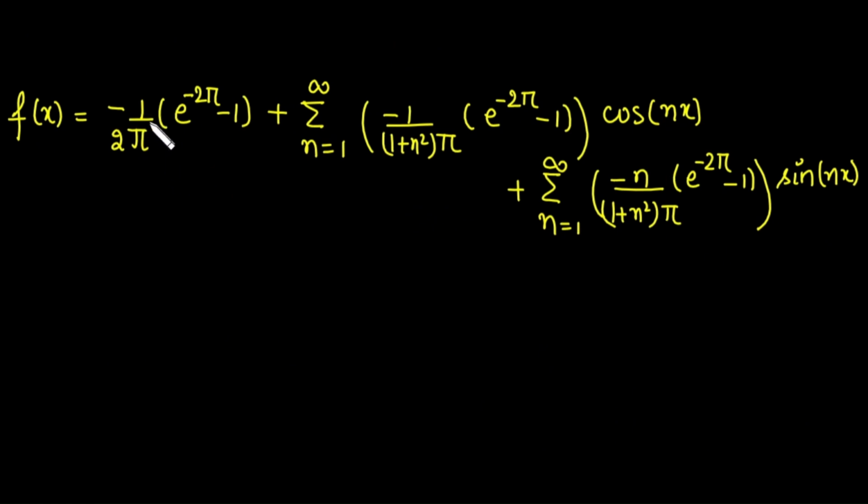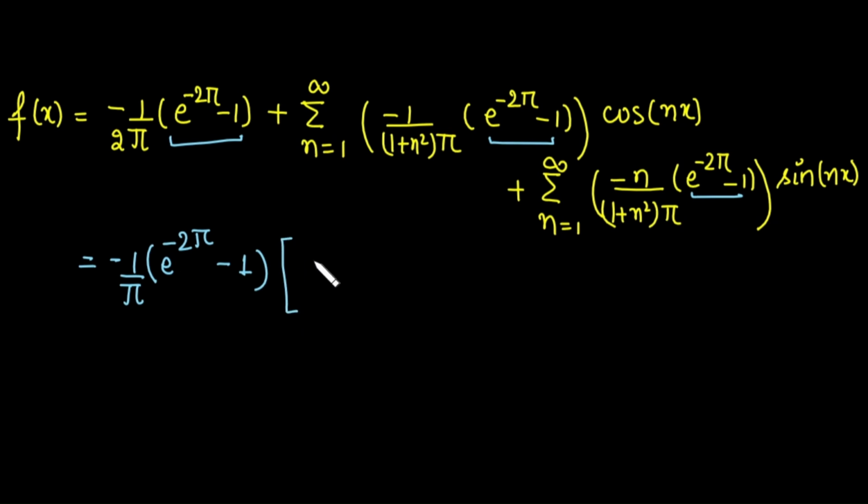We can further simplify this. If you observe that the 1 by pi term is common in each one, so we can take 1 by pi outside. Even it has a negative sign, as well as this term contains the negative sign, so take it outside. Also, e raised to power minus 2 pi minus 1 is a part of each term. Take this term outside. After that we have 1 upon 2 plus summation n from 1 to infinity, minus 1 by pi we have already taken outside.